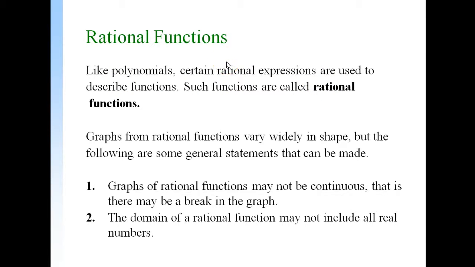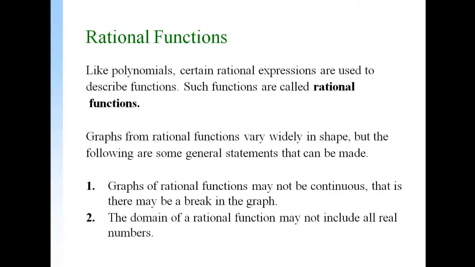So if we put the function symbol in front of what we're dealing with, then we have a rational function. And some of the things we'll be dealing with is when we graph them to figure out what the domain of them would be.